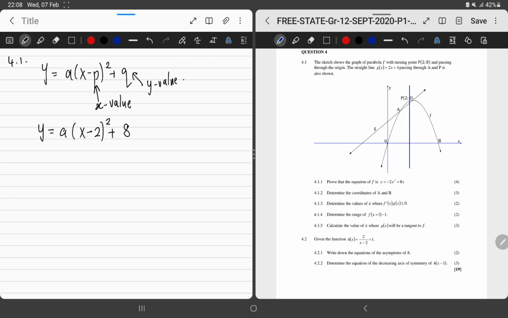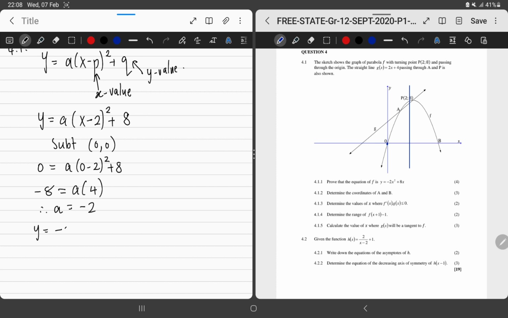They told me that the graph passes through the origin, so I'm going to substitute this point right here, which is (0; 0). 0 = a(0 - 2)² + 8. That's minus 8, and that's going to be a 4a, so 4a equals negative 8. So my value of a is negative 2.